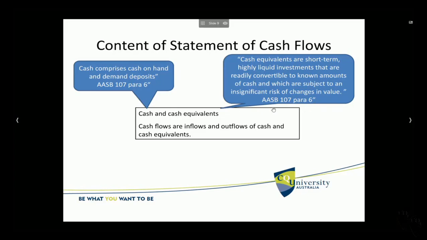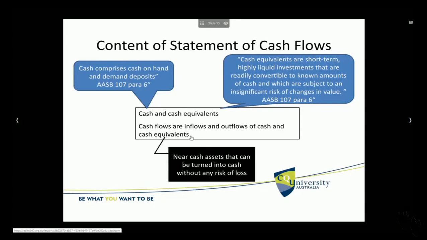So it includes cash and cash equivalents. And cash flows are inflows and outflows of these items. Okay? So cash equivalents are basically assets that can be turned into cash quickly without any real risk of loss, in plain English.